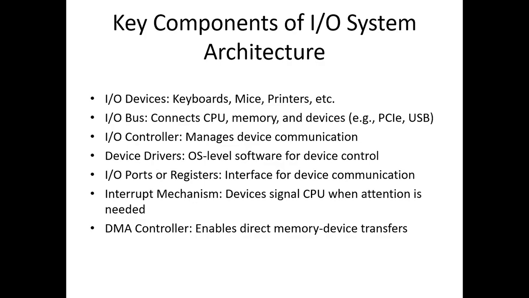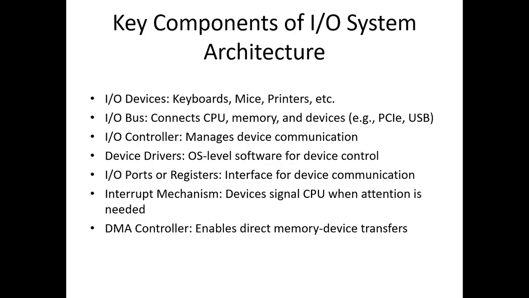Imagine a very busy airport. The CPU is the control tower, the memory is the cargo area, and the input output devices are the airplanes. The input output system is everything that ensures that the aircraft get to and from the gates without any collisions. That's the runways, the gates, and the air traffic control protocols.